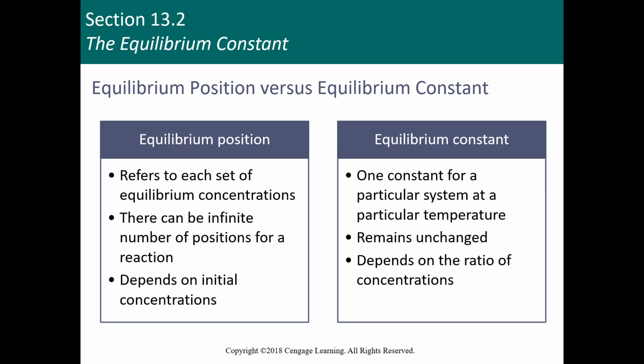This depends on the initial concentrations. Your equilibrium constant, on the other hand, there's only one constant for a particular system at a particular temperature. This will remain unchanged. It will not change depending on initial concentrations. For that reaction at that temperature, there is one equilibrium constant for any conditions otherwise.